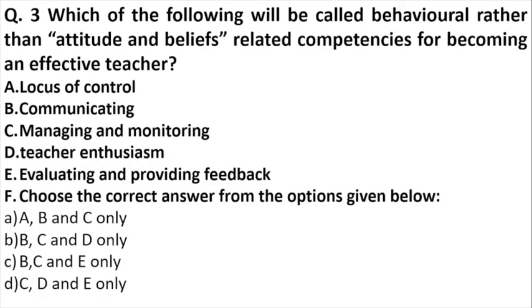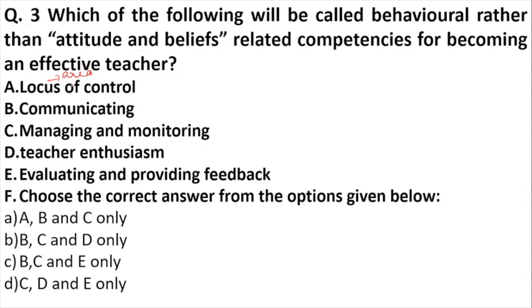Which of the following will be called behavioral, rather than attitude or belief related, competencies for becoming an effective teacher? So there are different characteristics given over here. Which would you call behavioral? Locus of control. Locus means the area where specific things are found.